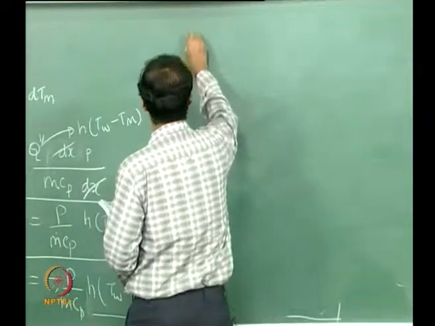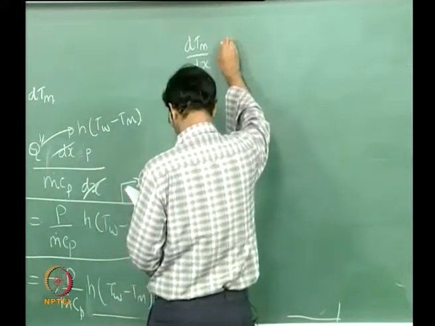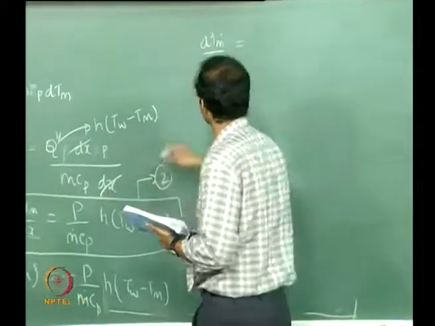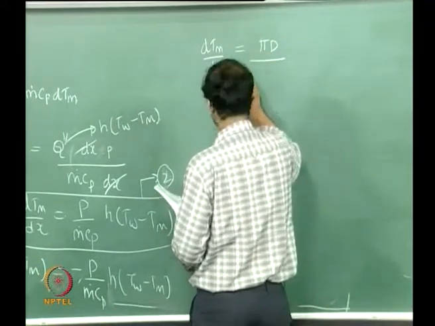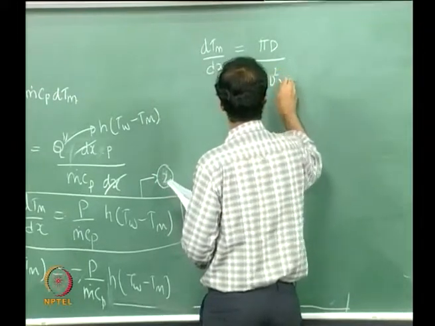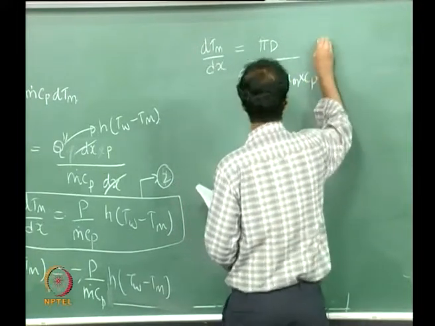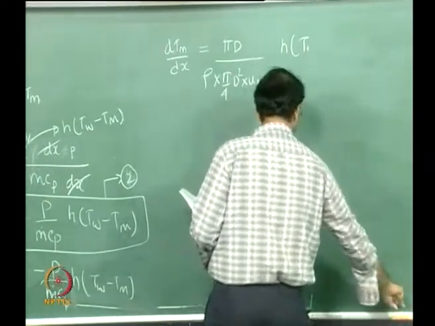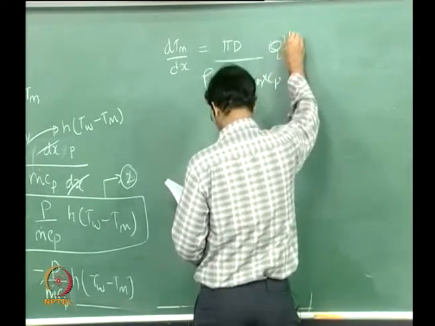you can write your dTm by dx as, for the case of a circular duct, your perimeter is 2 pi r, so pi d, divided by your mass flow rate, which will be rho into pi by 4 d square into the mean velocity um, into Cp into h, Tm, so h into T wall minus T mean, I can replace this by your heat flux Q double prime.